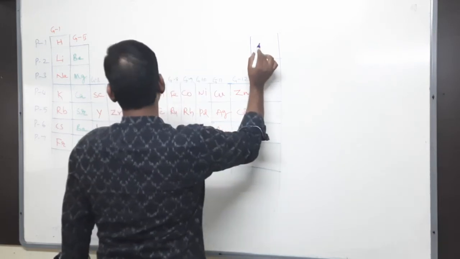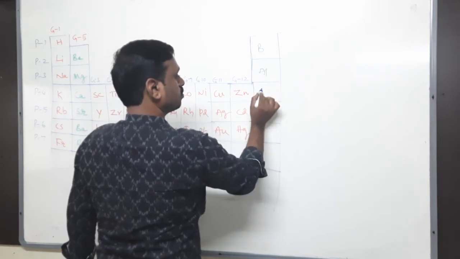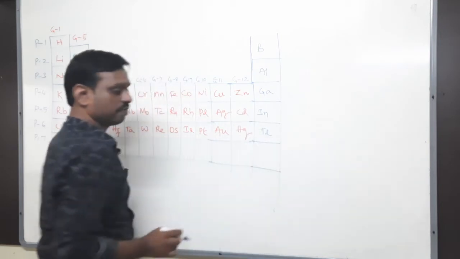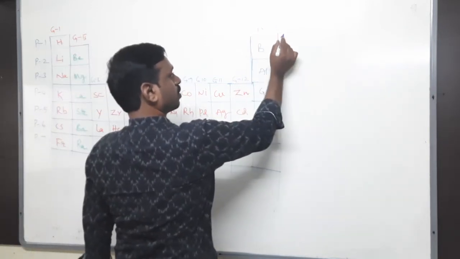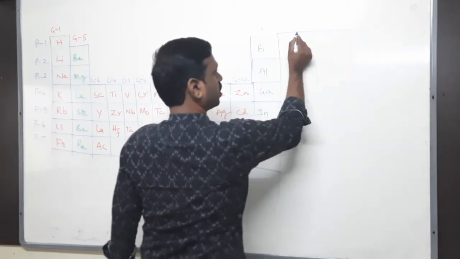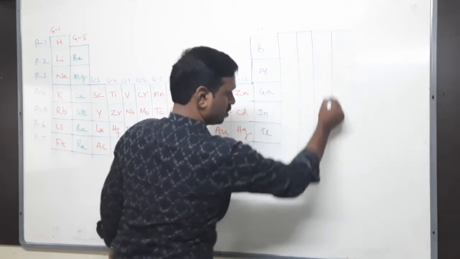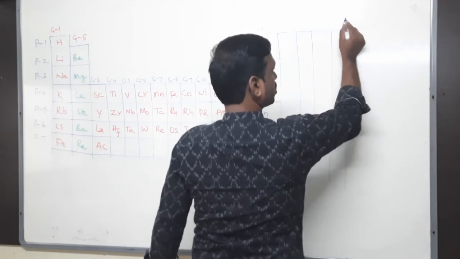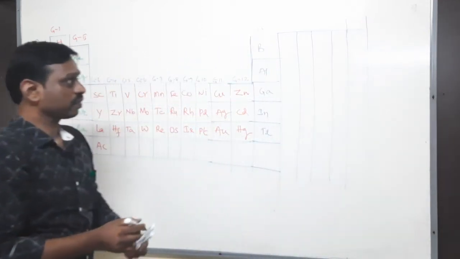Okay, here is boron, aluminium, gallium, indium, thallium. Next, it is the 13th group elements. Then the 14th, 15th, 16th, 17th and 18th groups, where one more element will be there extra, that is helium.